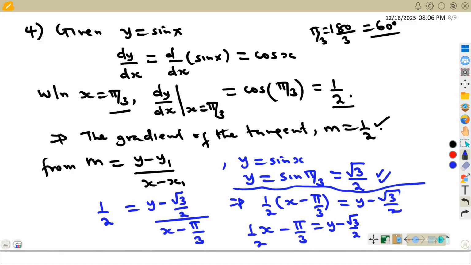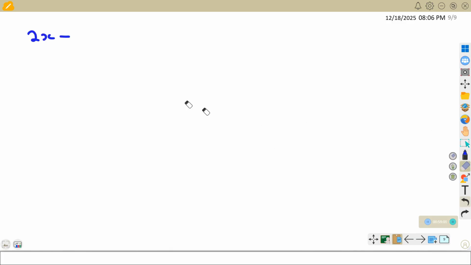Okay, so this will be pi by 6 when we multiply through. So this will be a half of x minus pi by 6, equal to y minus root 3 over 2.